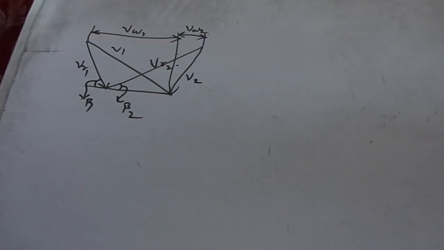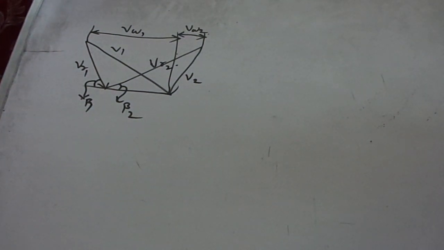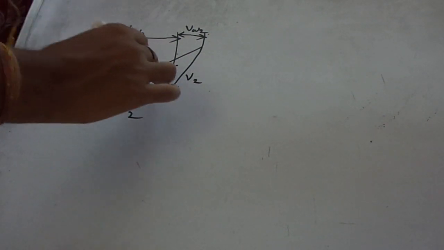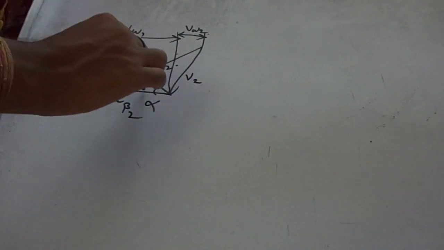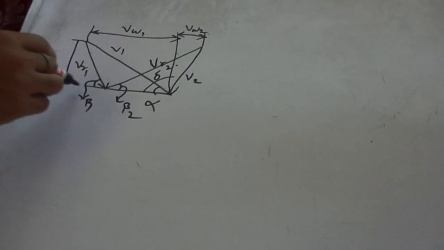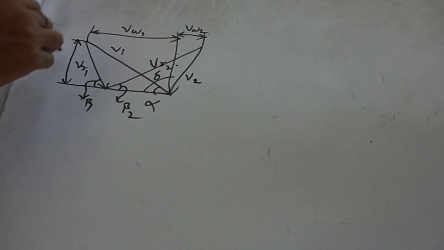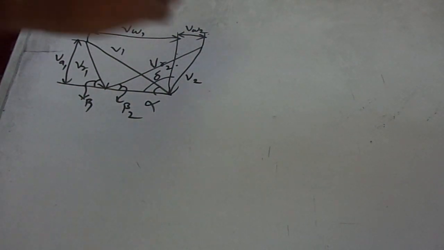This angle is equal to alpha, and this angle is equal to delta. Now this one is VA1, and this is VA2.